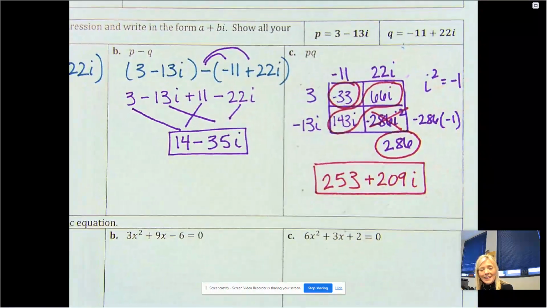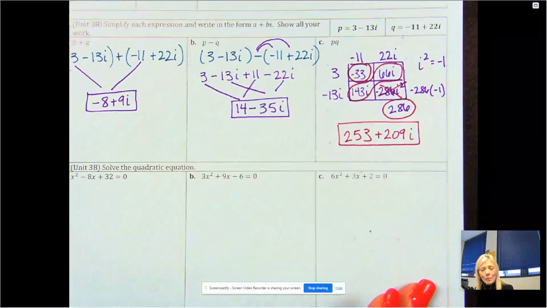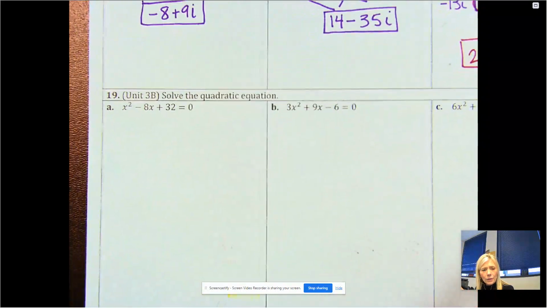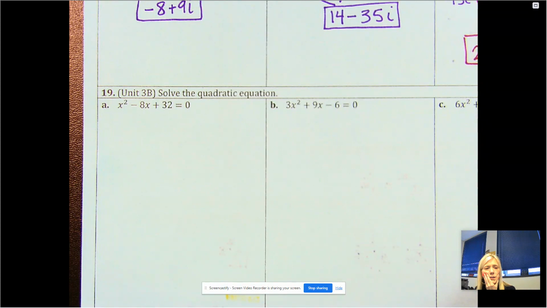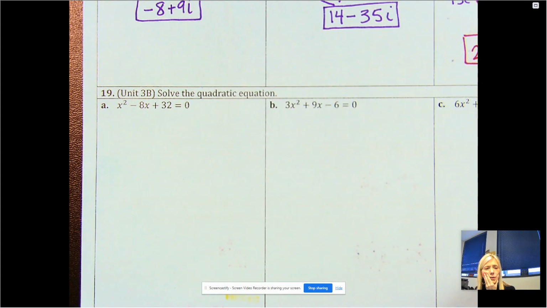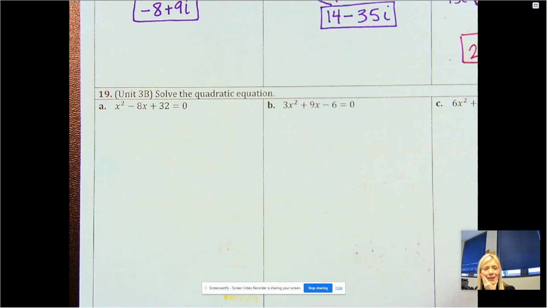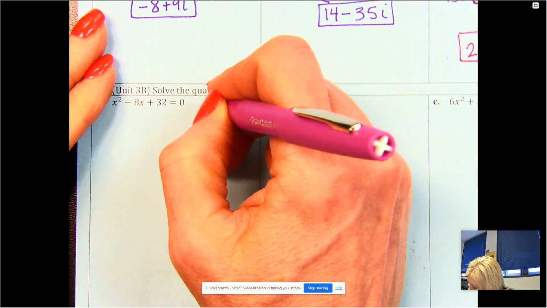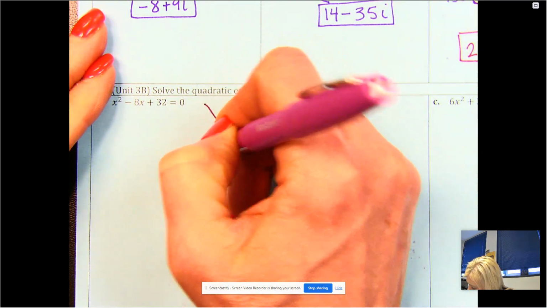All right. I'm going to just do, I think, problem A on number 19, just to quickly review. Let's see here. Can I factor that one? 32. Oh, it looks like I could factor, but I don't think we actually can. I'll show you why.